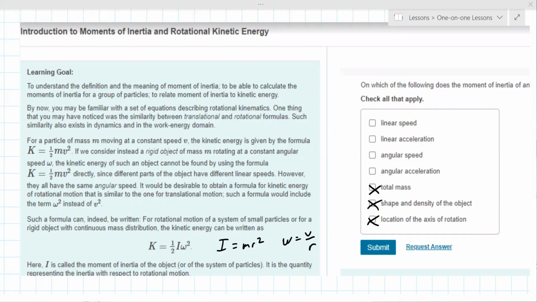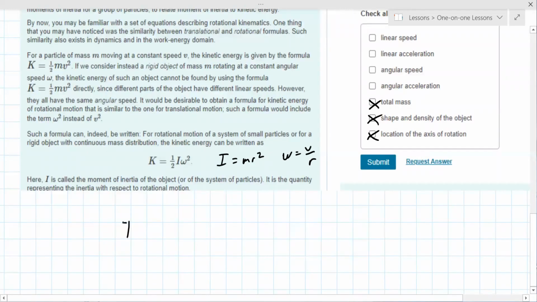Part B. I have to go back to the email. What is the moment of inertia IA of particle A? Notice particle A is 3r away. I equals mr squared, but r in this case is really 3r.